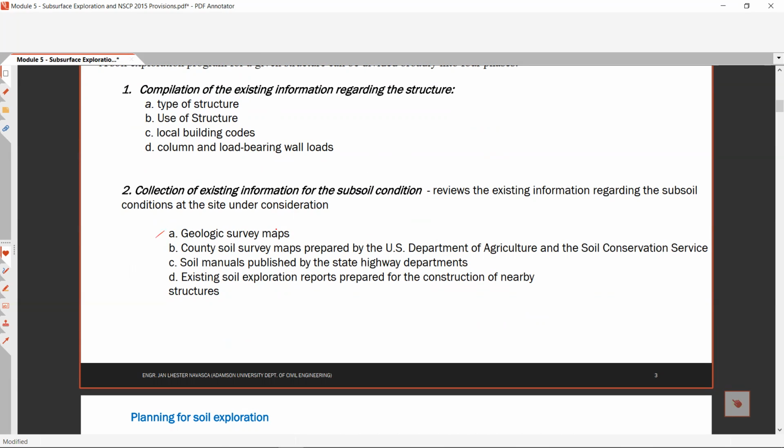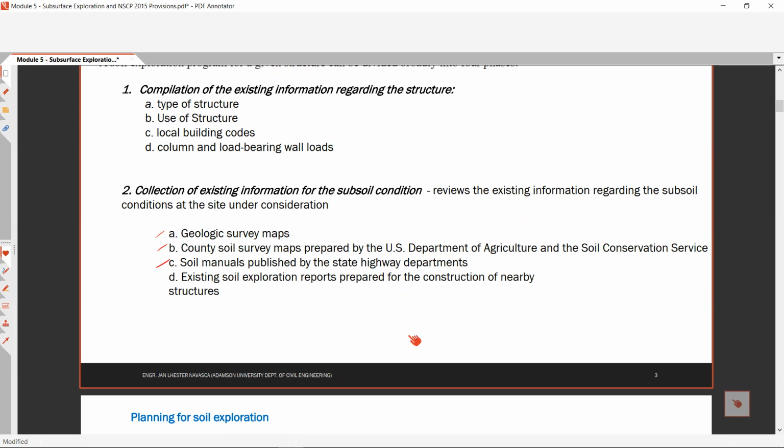In the United States, there are geological survey maps and soil survey maps. We also have the soil manual published by the State Highway Department. In the Philippines, if you check the DPWH manual, the blue book, we have this one.